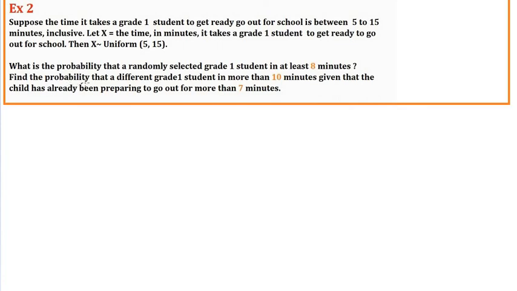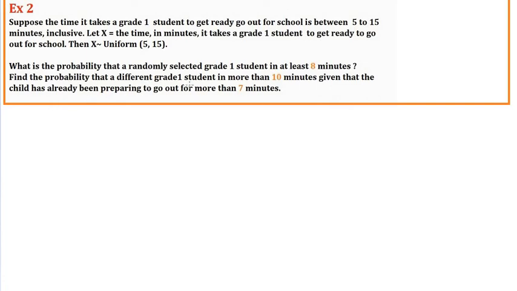What is the probability that a randomly selected grade 1 student takes at least 8 minutes? Find the probability that a different grade 1 student takes more than 10 minutes, given that the child has already been preparing to go out for more than 7 minutes. This is a uniform random variable.